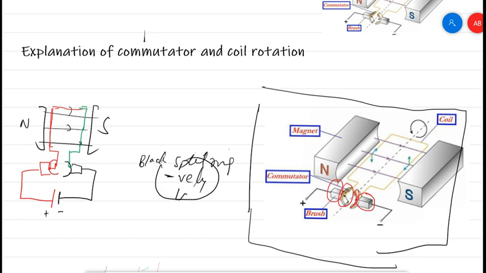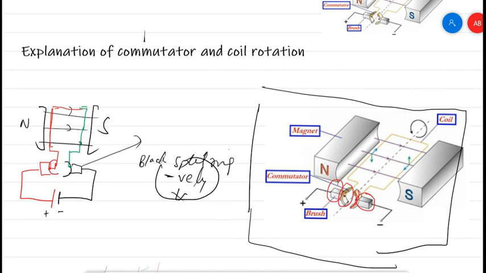Here we're providing negative supply and it's fixed through the brush. The function of the brush is that it provides a smooth connecting point, a connection between the power supply, the battery, the cell, and the coil through the commutator. Okay, so this is the connection, coming over here, and like this moving towards the coil.